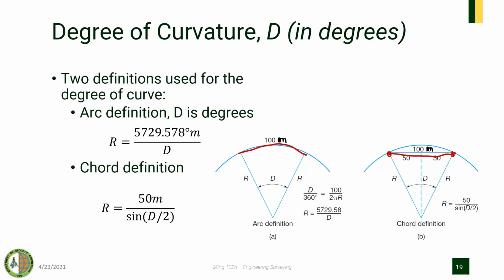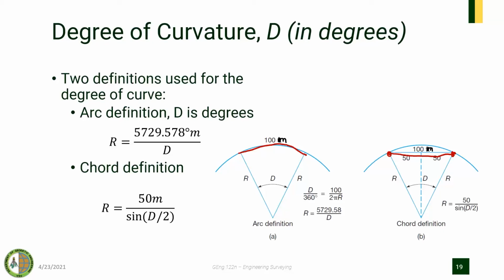So we have the radius equals this value in degrees meter over D. So when we want to design a road with a degree of curvature of this angle, now we have this kind of radius.